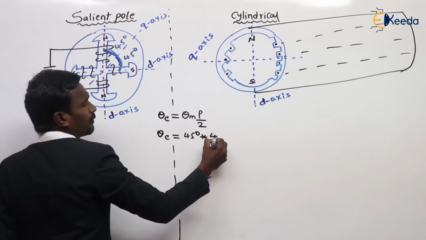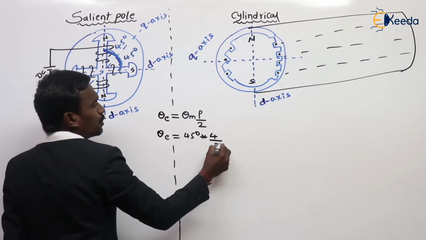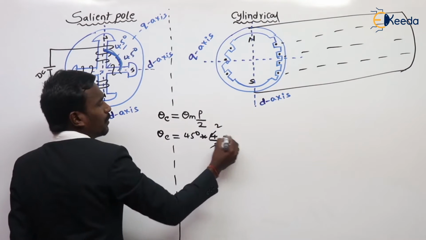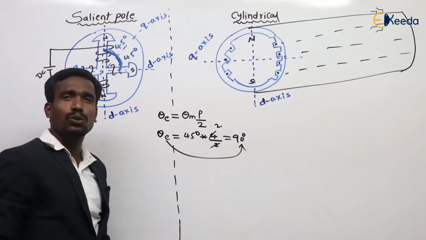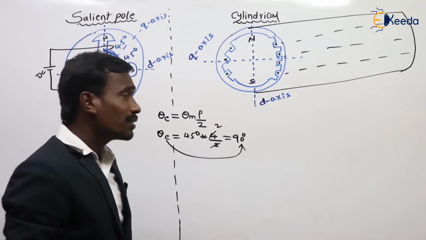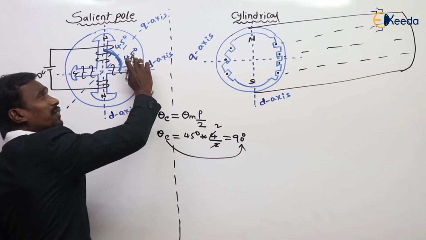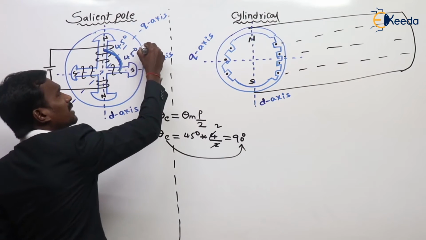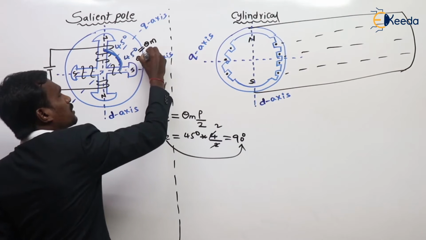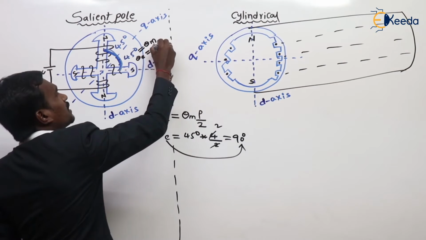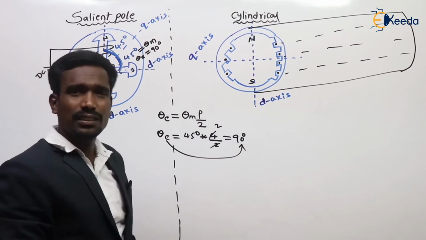Number of poles are 4, so P by 2 is 2. Two ones are 2, two fours are 8. Two 45s are 90 degrees. Theta electrical is equal to 90 degrees. So now tell me, is this 45 degrees or 90 degrees? This is 45 degrees in terms of mechanical, but when it comes to electrical angle, this is 90 degrees.